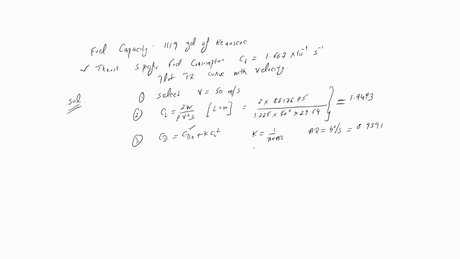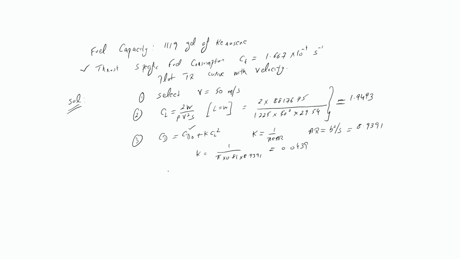And if you substitute K equals 1 upon pi, e was given as 0.81, aspect ratio is 8.9391. So K is approximately 0.0439.